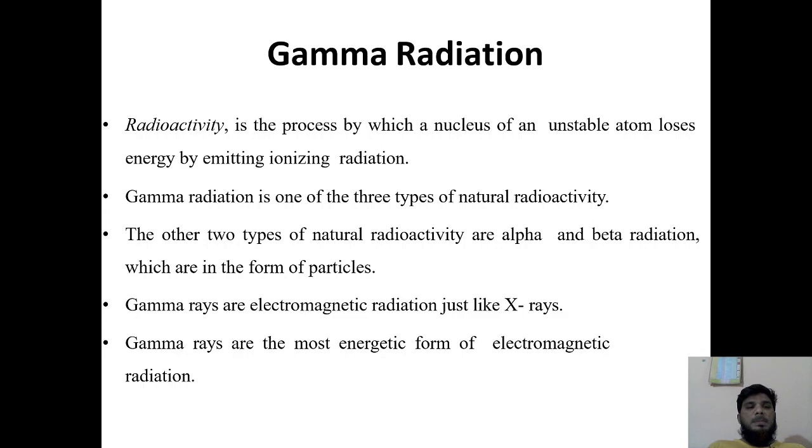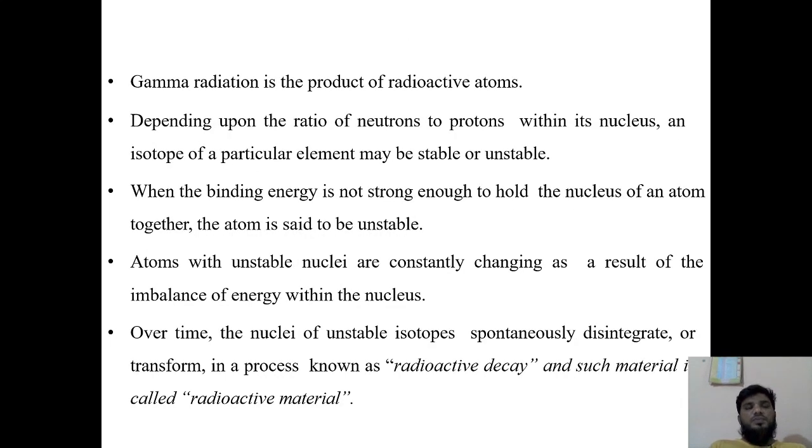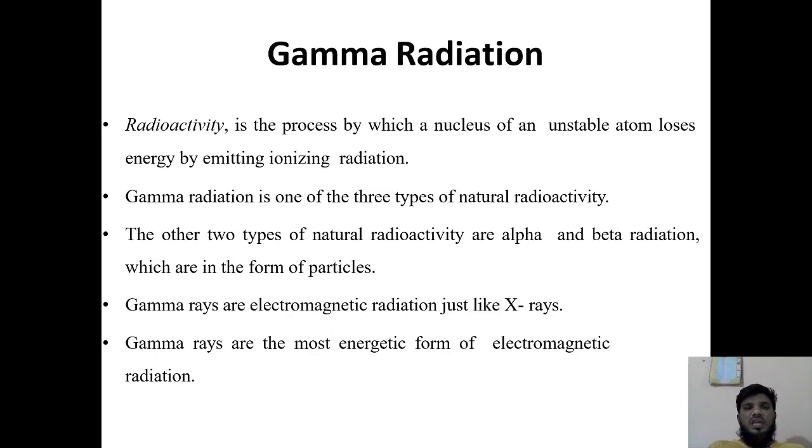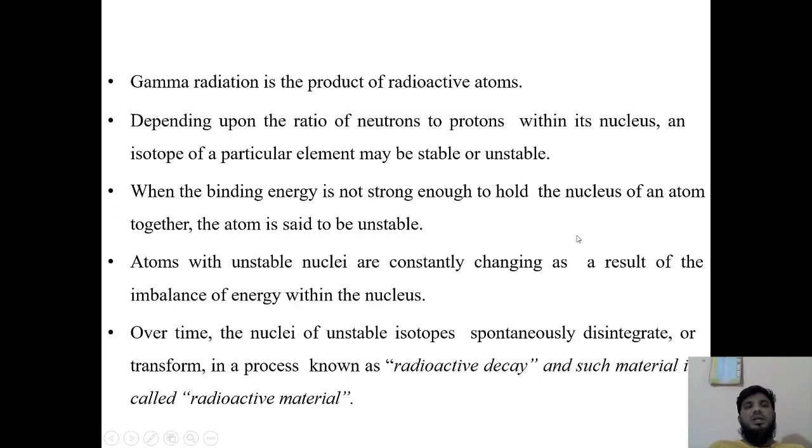Gamma rays are the most energetic form of electromagnetic radiation. Generally, radioactivity occurs in three forms: gamma radiation, alpha and beta radiation. These alpha and beta radiations will again release some amount of energy. So gamma radiation is a product of radioactive atoms.